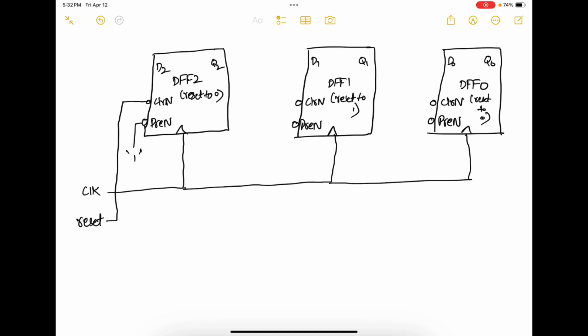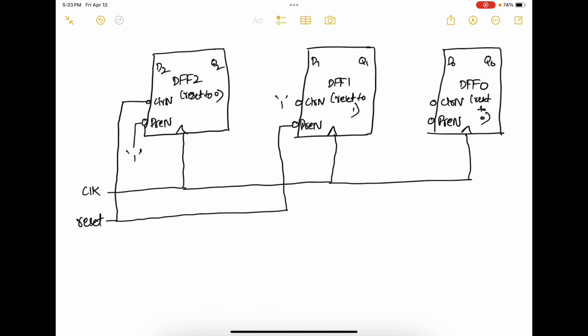Now flip-flop 1 is reset to 1. So I take the reset signal and I give it to pre-N. That makes pre-N 0, which means it is going to set your flip-flop output as 1. At the same time, I'm going to give logic 1 to clear N, so you're basically disabling the clear operation.